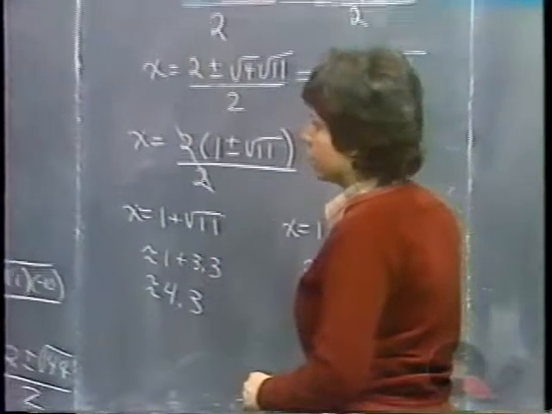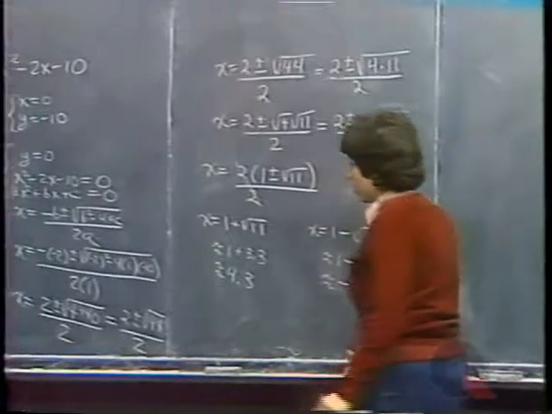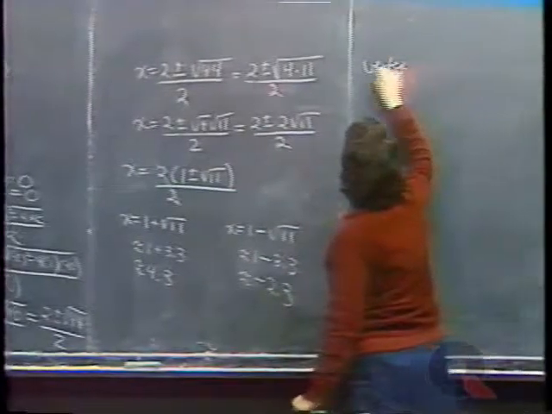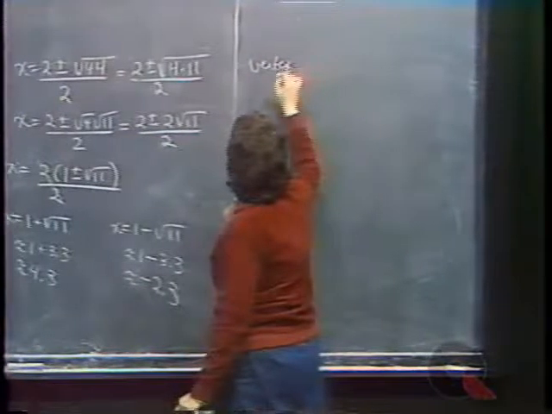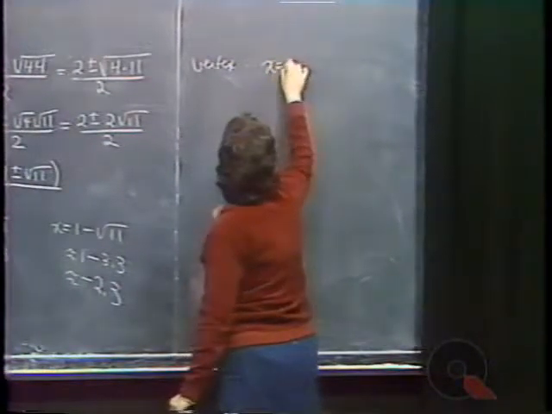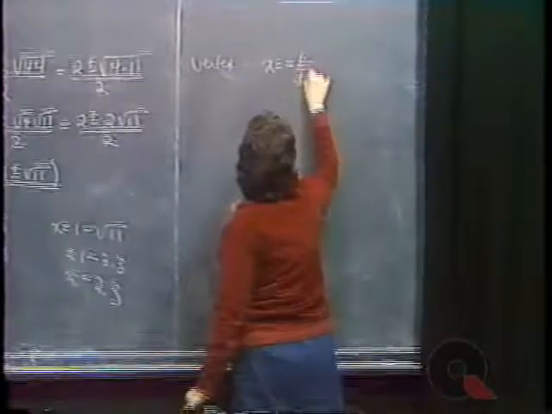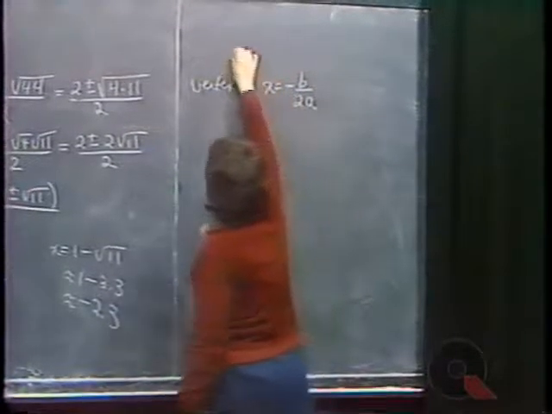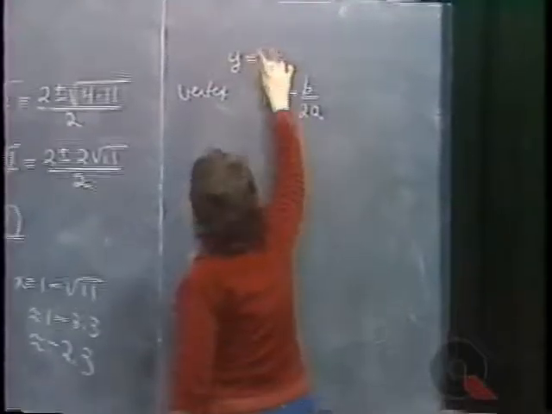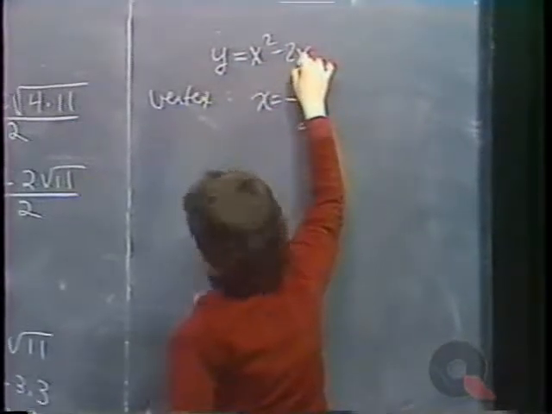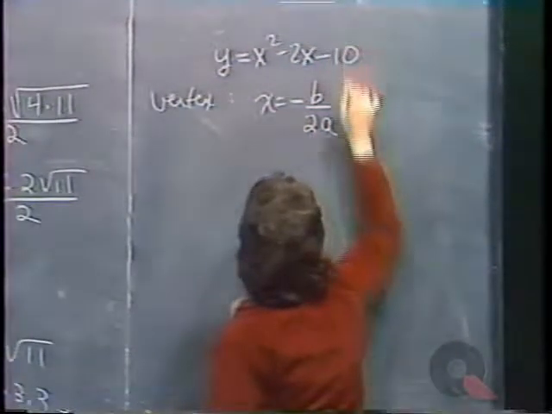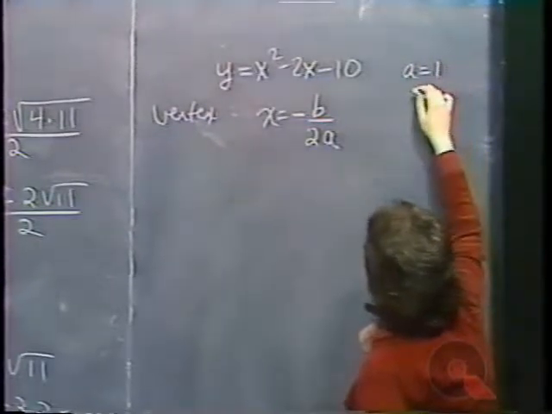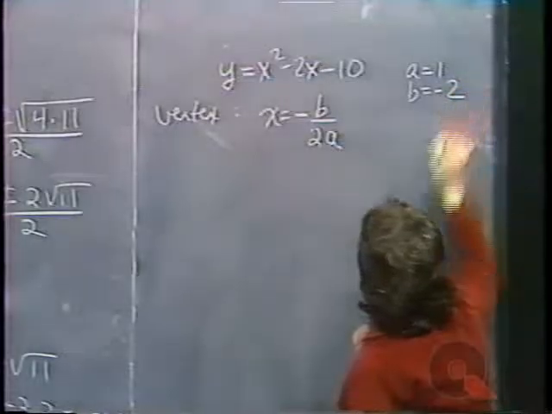Okay, it would also be useful to know the turning point, the x-coordinate of the vertex. Remember, in this case, the x-coordinate is given by minus b over 2a, and the y coordinate is found by substituting into the original equation, y equals x squared minus 2x minus 10. a equals 1 here, and b is equal to minus 2.